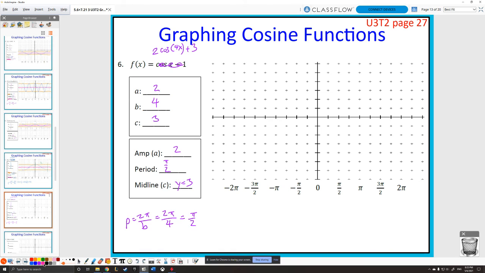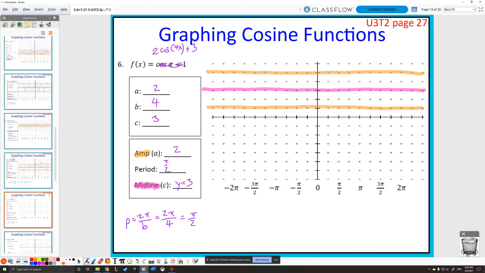So with that, let's go ahead and draw in all the little guiders for me, my bumpers and my whatnot. Plus 3. Amplitude of 2. Now, start at my max as always.